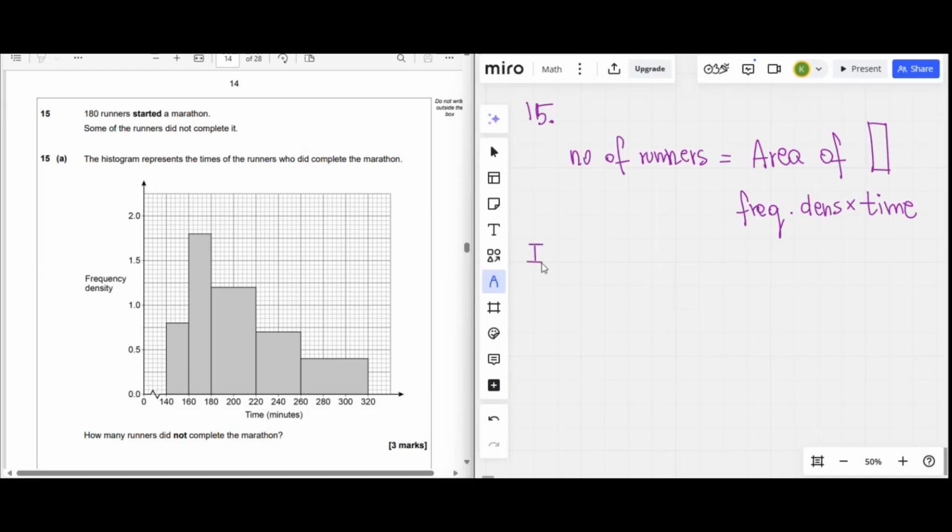So the first block, and that time is the range, right? It's the range between them.